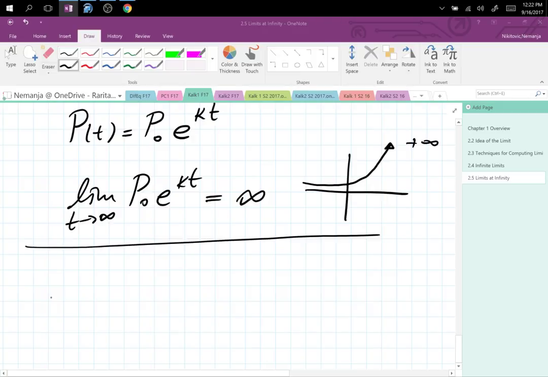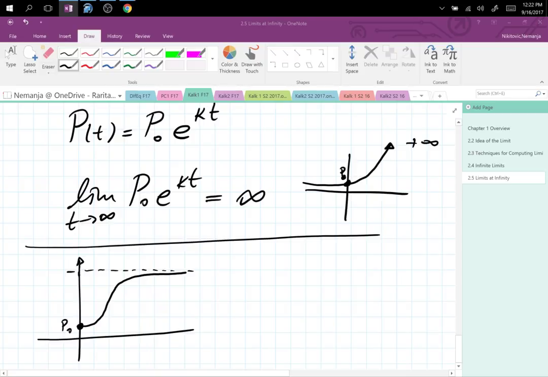And then if you consider the logistic growth, you start with the initial population P0. This is your P0 for this problem. That population grows exponentially, and then it levels off because it's hitting that carrying capacity K. Carrying capacity is the maximum amount of people or rabbits or bacteria that the planet can sustain.